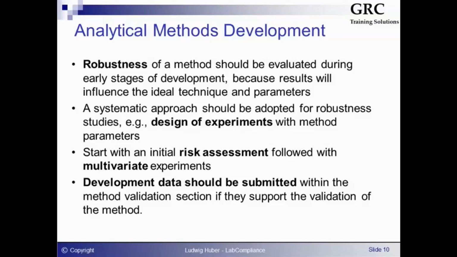And the last bullet here is very important, and this created more work for the industry. Development data should be submitted within the method validation section if they support the validation of the method. So I think the FDA would like to see the development data related to method validation, and again, only if they support the validation of the method.